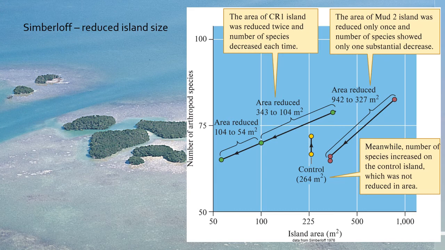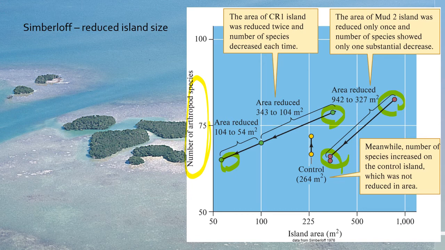And as you can see on his data, as he cut the mangroves from larger sizes to smaller sizes, we can see that the number of species, the species richness, reduced as the island area went down. Here he did this once on this one and still got substantial decrease. He didn't cut it twice.